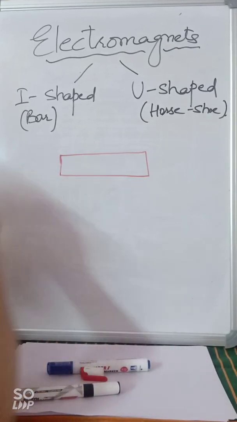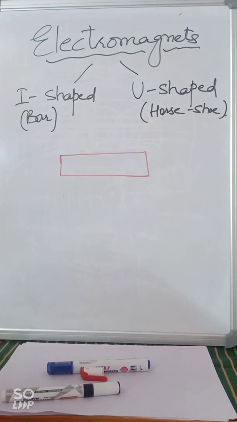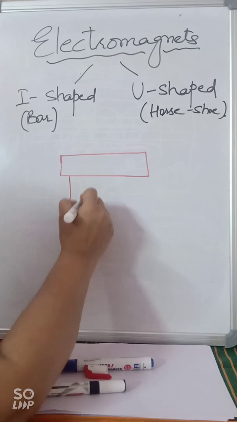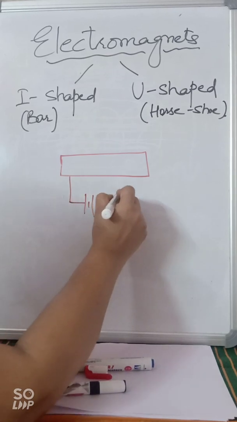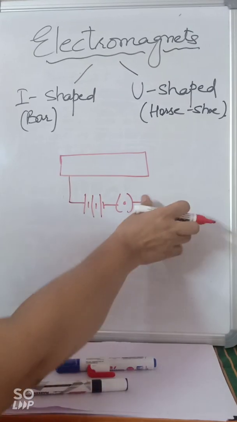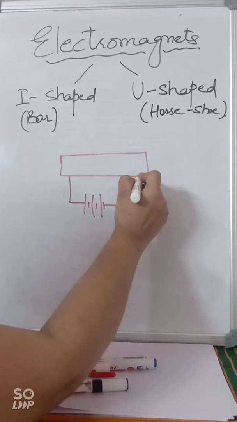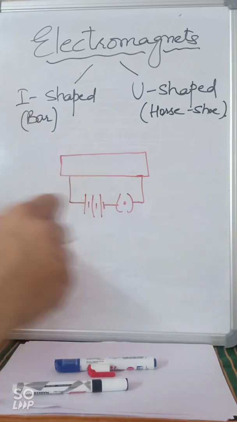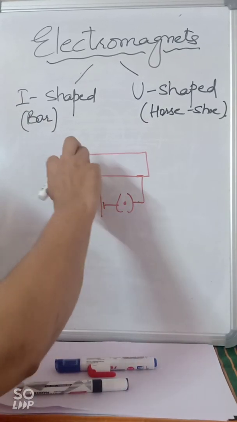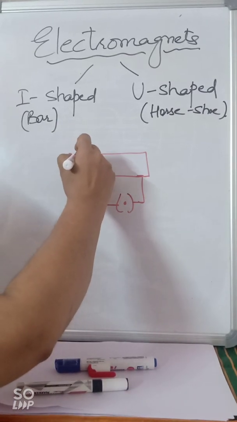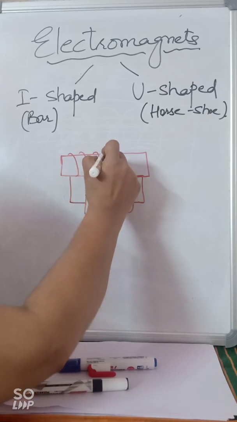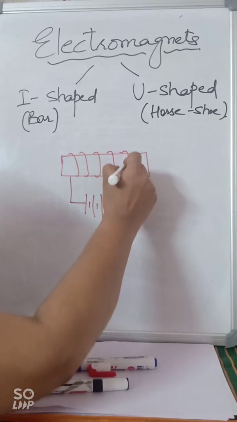So suppose this is your I-shaped, a soft iron core is there, right? And then you have a battery, you have a key, and then you attach it with this, right? Now you are just going to make a winding. On the other side it's going to be this, again this, again this way, right? This is how it's going to be.